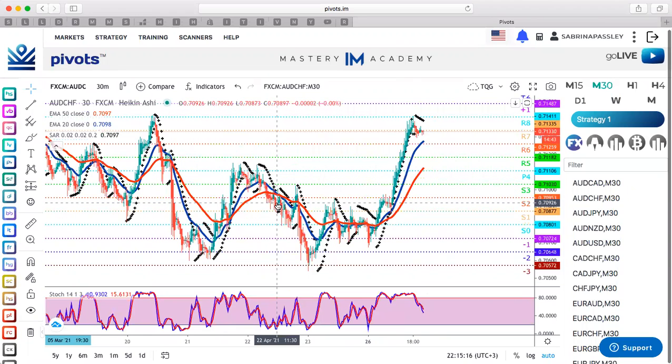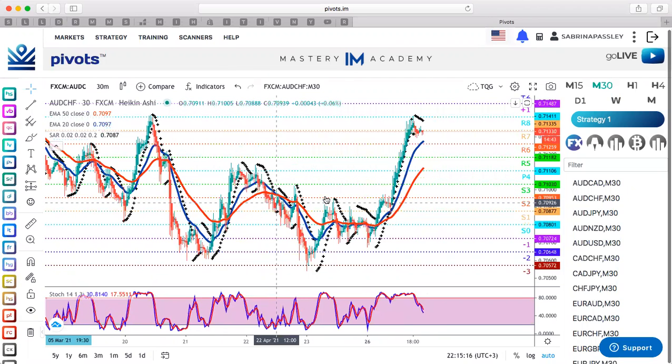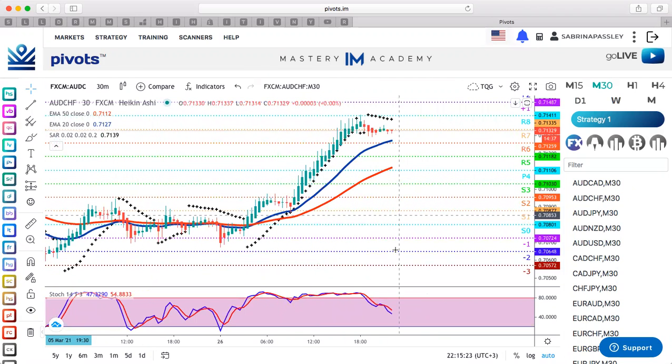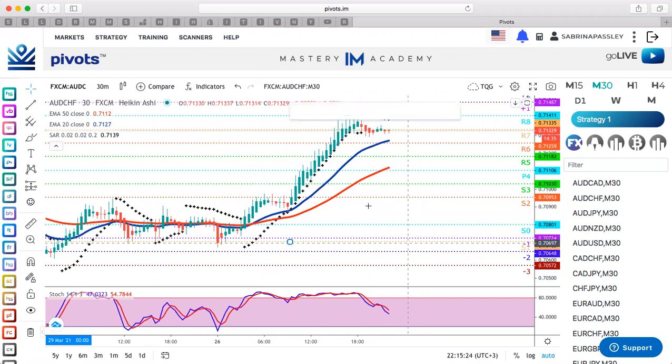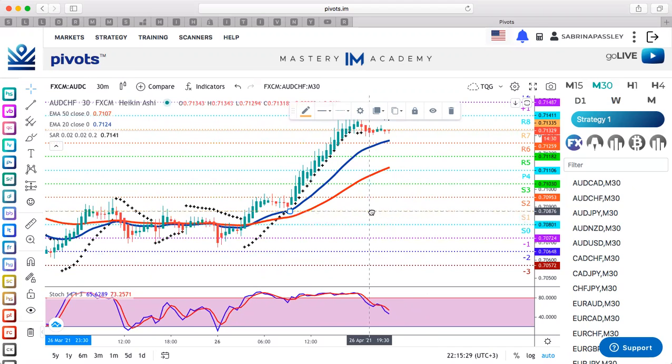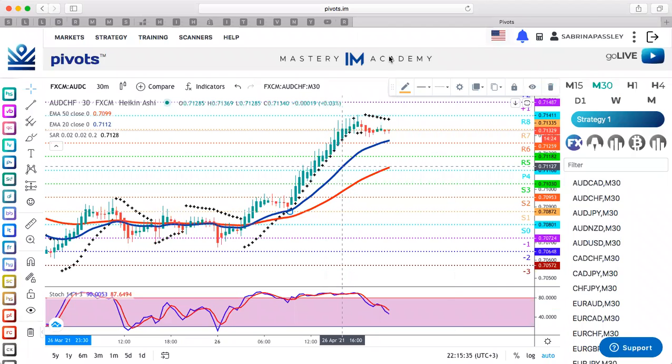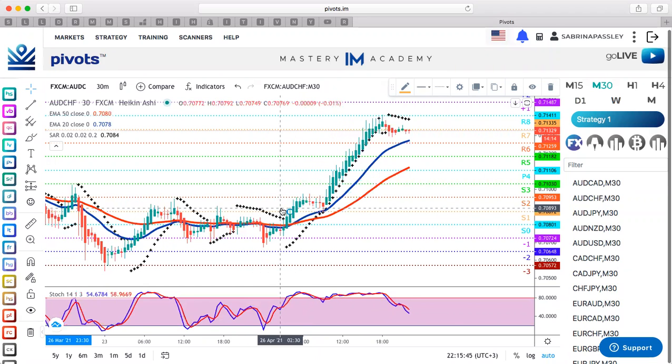You can customize these with colors if you want, or leave them how they are. Once the blue EMA line is on top of the red EMA, we are looking for predominant buys in the market.